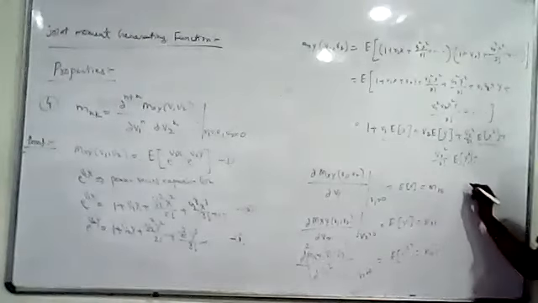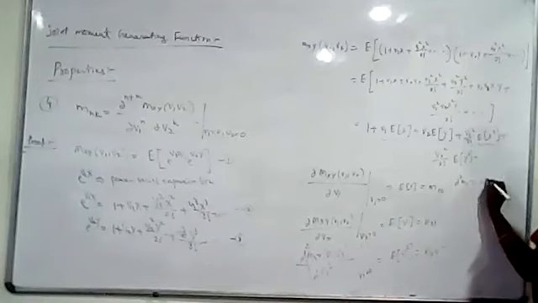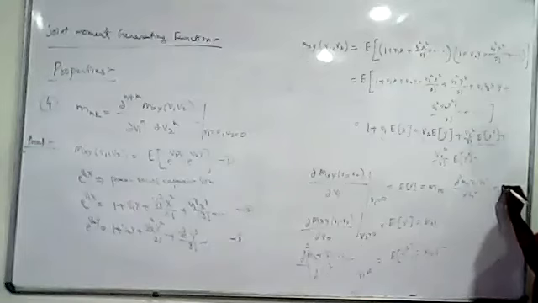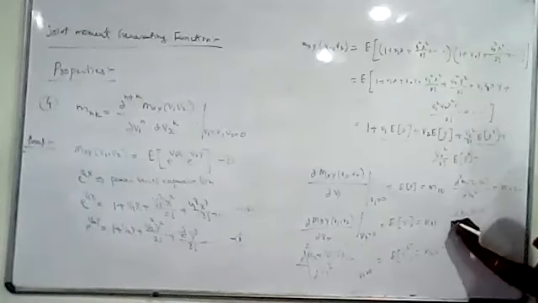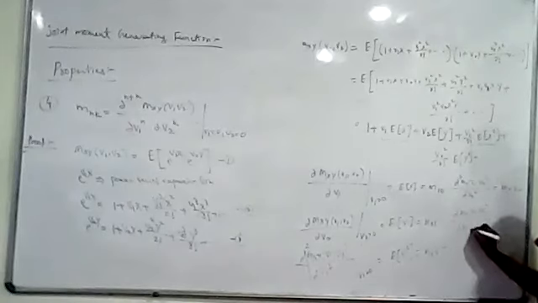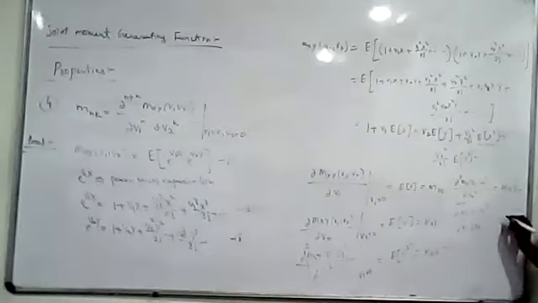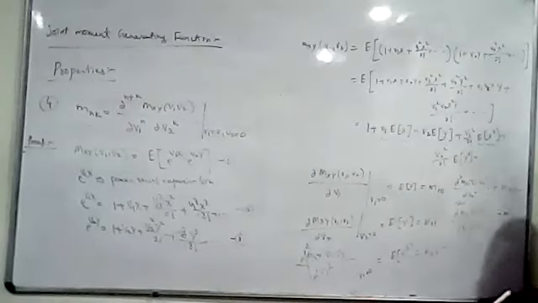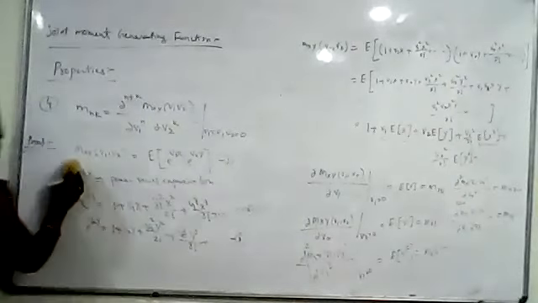And if we do partial differentiation two times with respect to v2, we get m02. Now if you differentiate partially with respect to v1 and v2 both, we get m11. By comparing all these equations, what is m_nk?